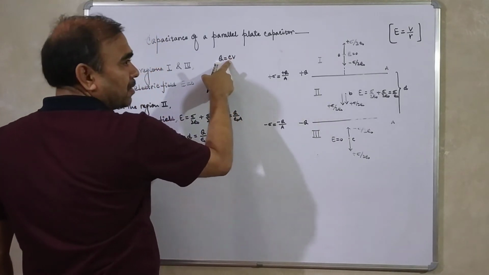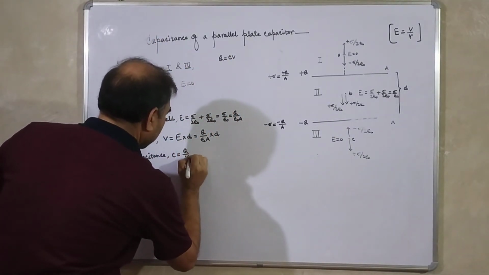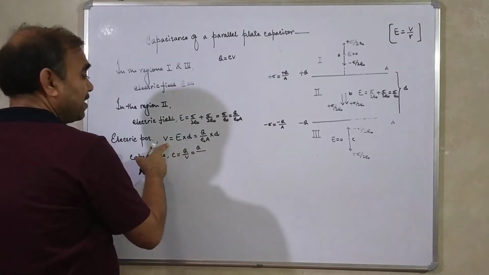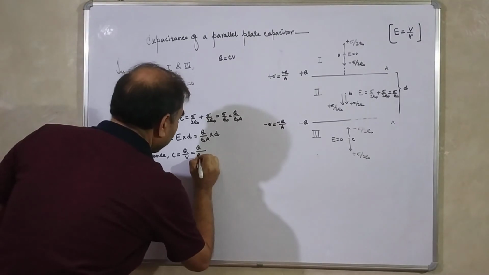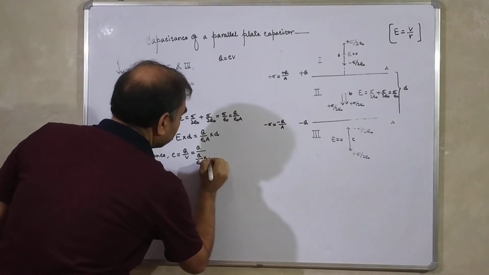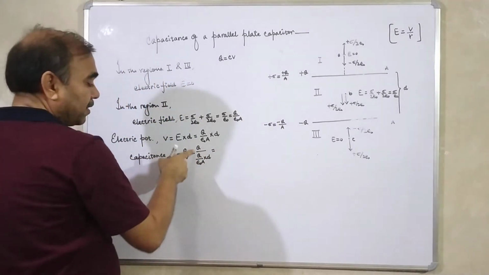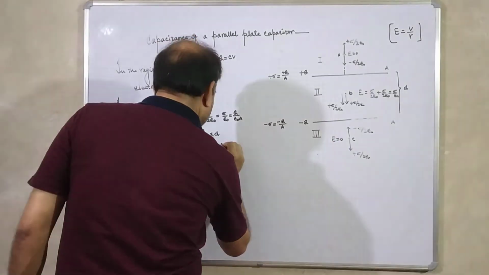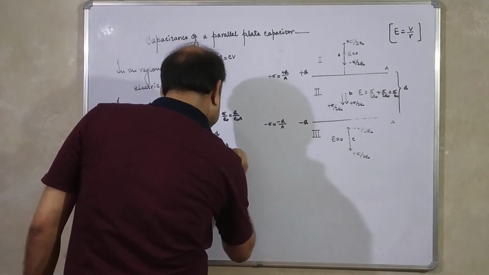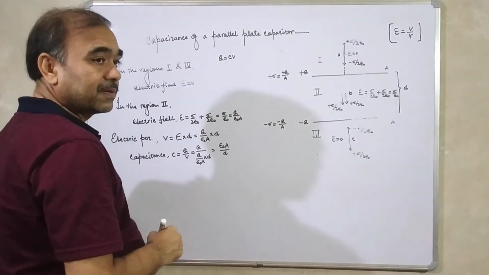Therefore, C is equal to Q by V. This is charge Q, and the potential difference V is equal to Q by epsilon naught A into D. Q will cancel Q. Therefore, epsilon naught A upon D. So this is the capacitance of the capacitor.